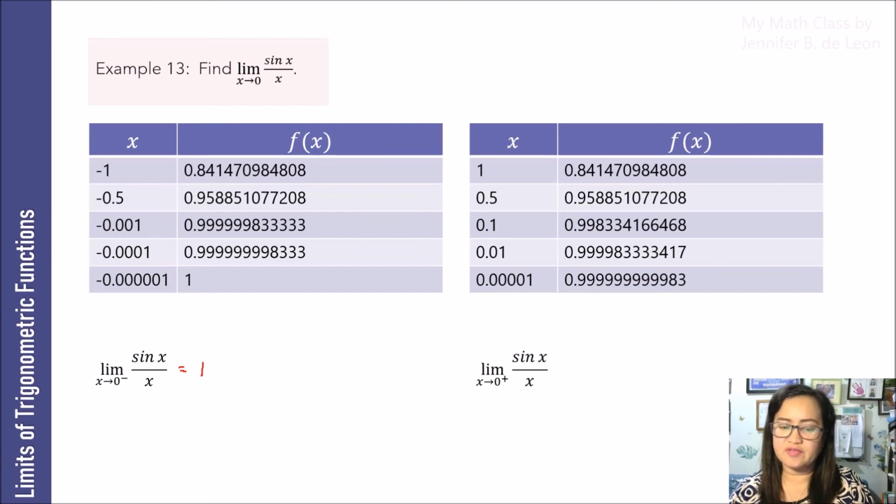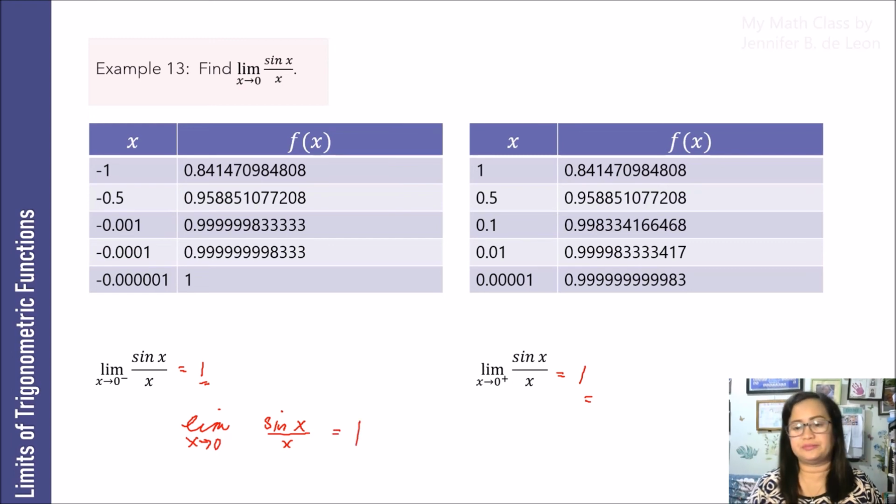So we can say that the limit of sine x all over x as x approaches 0 from the right is 1. Now since they are equal, we conclude that the limit of sine x over x as x approaches 0 is equal to 1.